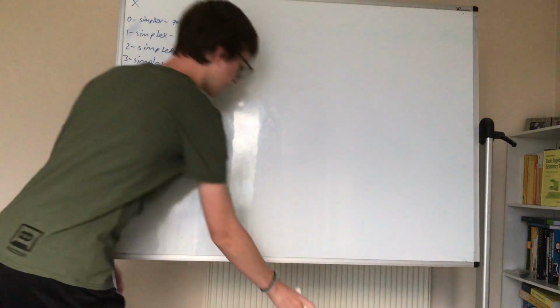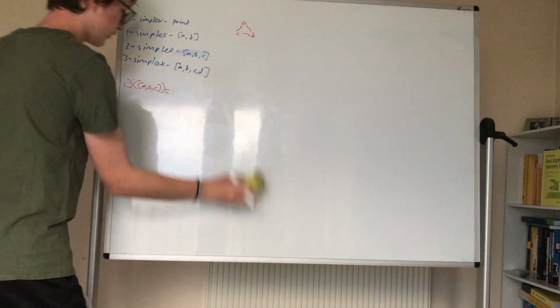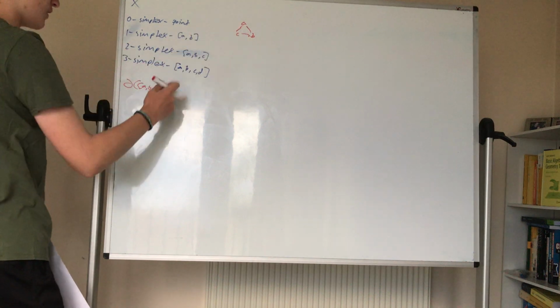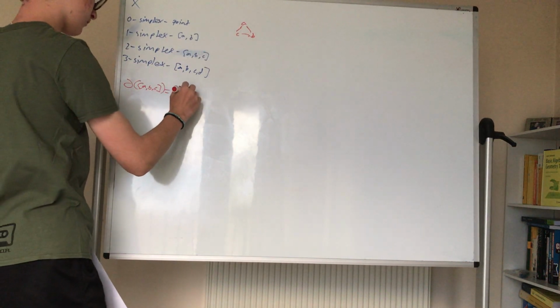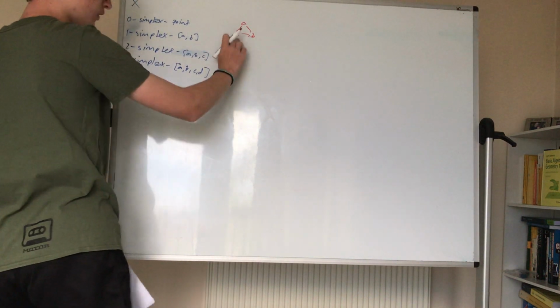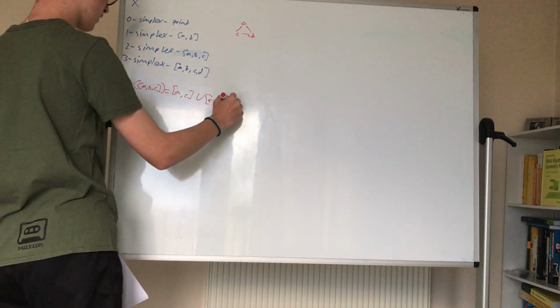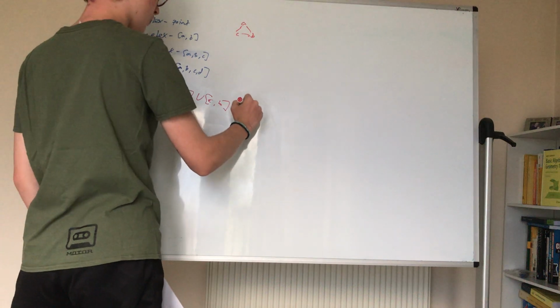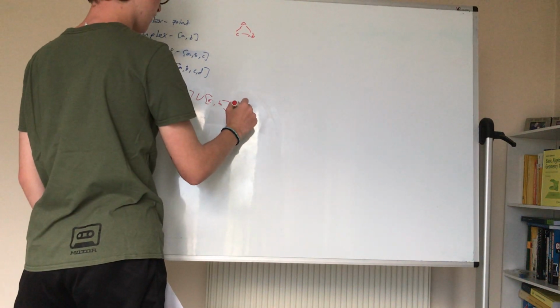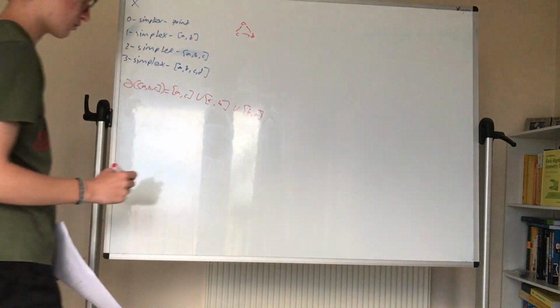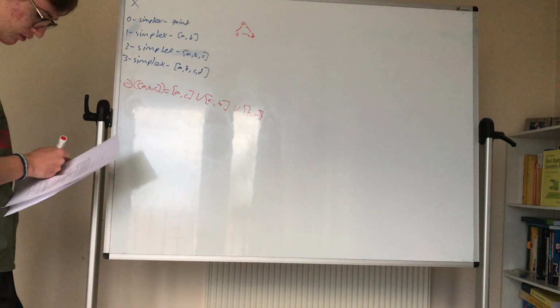Sorry, I should have written this out. This is slightly different to what I've written in my notes, but okay, we'll go with the flow. So we've got AC union CB. Now the order will matter. Union BA, which looks weird.